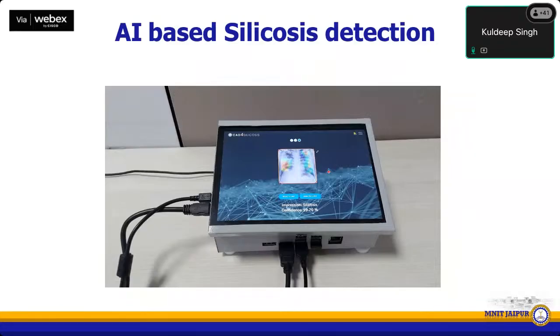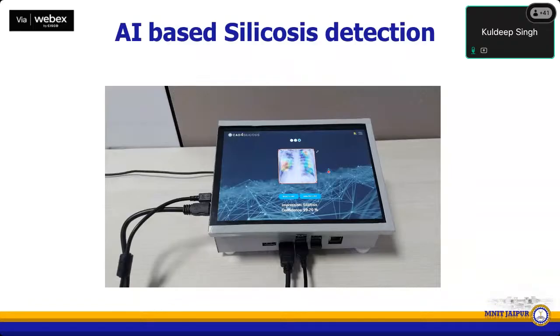The AI model is hosted on the embedded computing hardware, and it can give an analysis of the chest X-ray: whether silicosis is there or not, and if yes, what are the regions of the chest due to which the model has predicted silicosis.